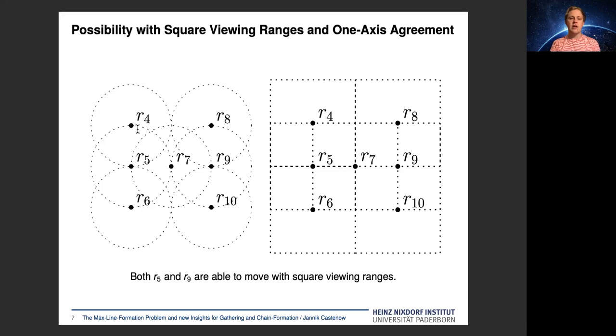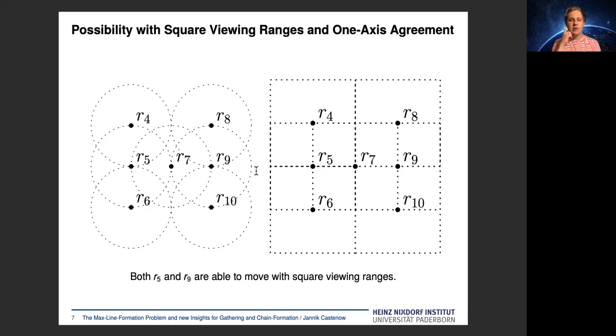So on the left, it can only observe all in the circle, and here it can observe all in the slightly larger square. Especially in the corners of this square, or at the boundary of the square, the robots gain more visibility.